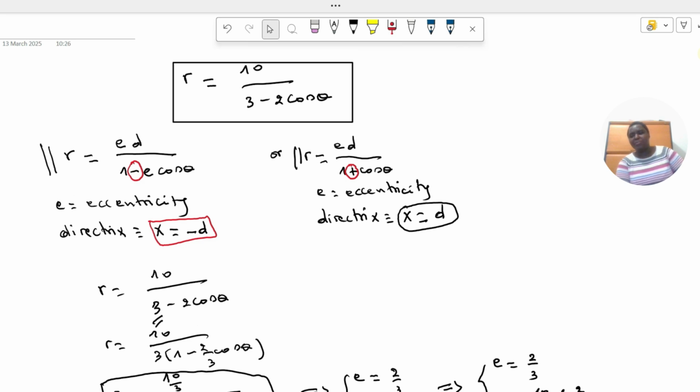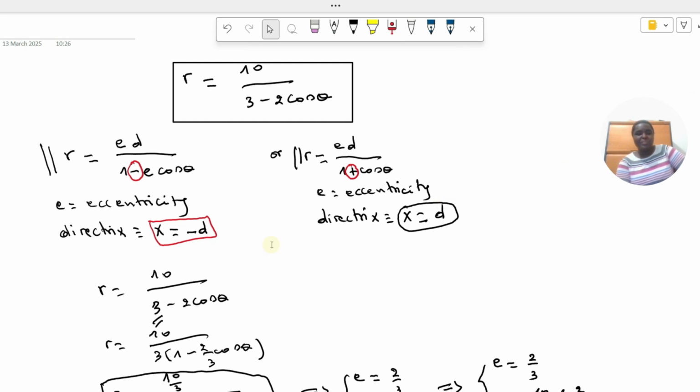If you happen to get another polar form of a conic, I hope you will be able to identify each element of that conic. You will be able to find the eccentricity, to say what kind of conic you have, and the directrix, and you can sketch it, of course.